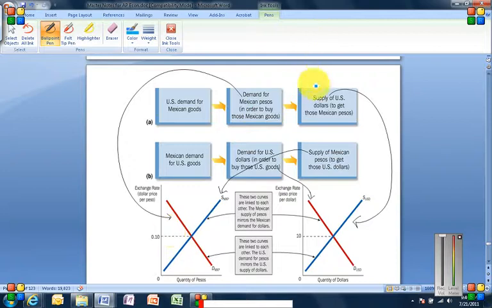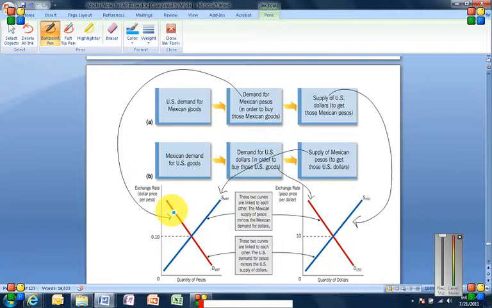But they're going to be supplying their US dollars, so that supply curve is found in the US market for US dollars. And this curve and the other curve are kind of tied on a string. Because if you stop and think about this, if Americans have to trade in their dollars to get pesos, what they're doing in reality is supplying their dollars out there in the world, in the market for dollars.